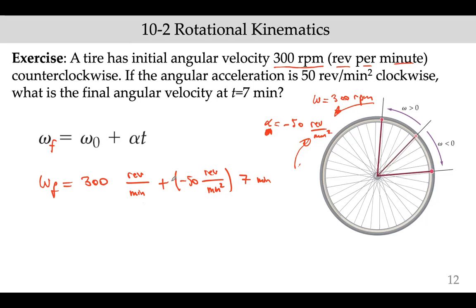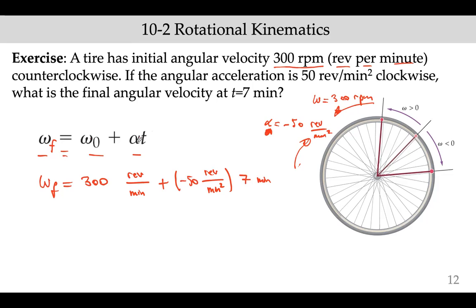Now, you realize that I have not converted minutes to seconds, so I did not go to SI units. In this case, it's okay to use these units per minute because first you have an equal sign. So if you write quantities with per minute or per minute squared here, then the answer will be again per minute. If the answer is asked in units of revs per second, then you can convert it later.